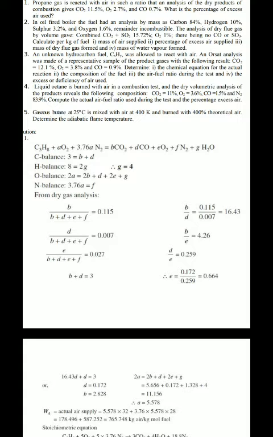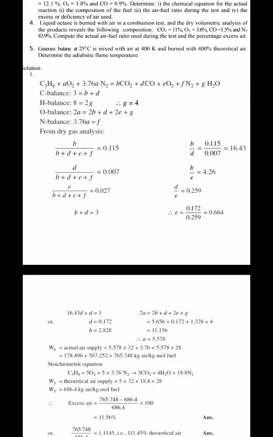So B plus D we have already found equal to 3 in the C balance, and B by D comes to 16.43. From there you can find B, D, and similarly E and all the values, and A also. After that we find the actual air supply, which will be 5.578 into 32, where 5.578 is A and 32 is the molar mass of oxygen, because O is 16, so O2 means 32.